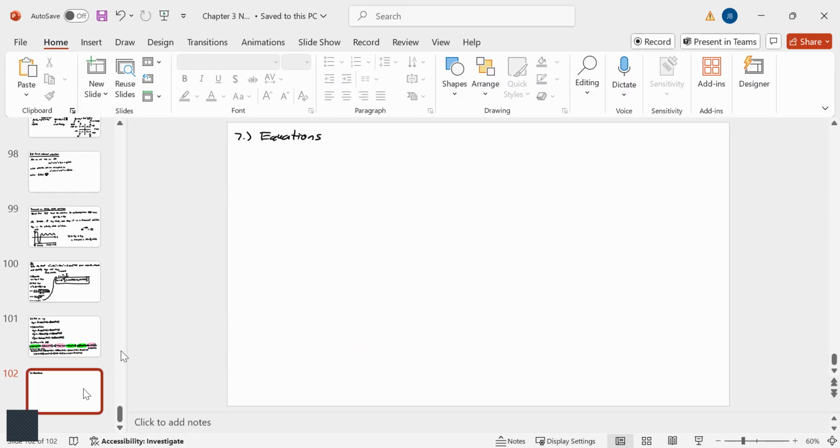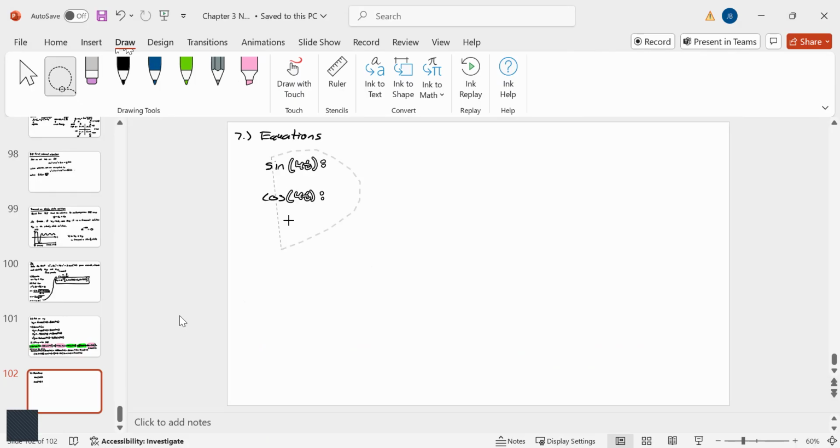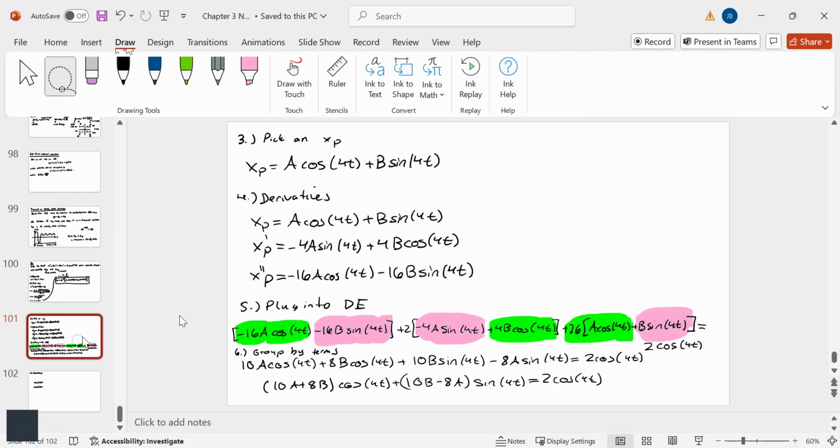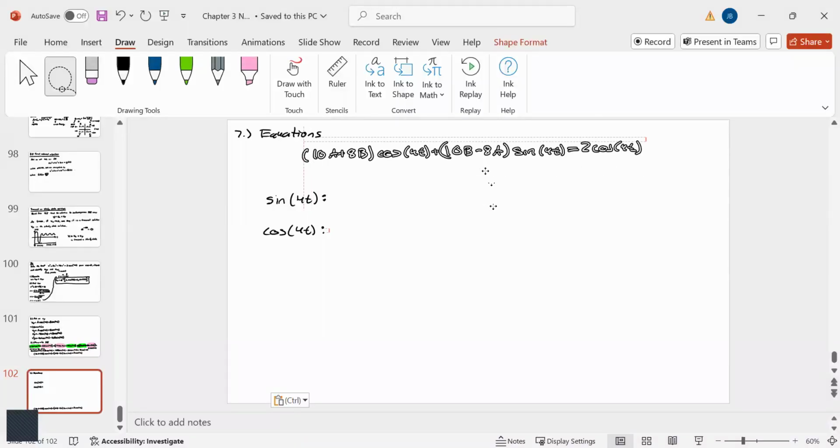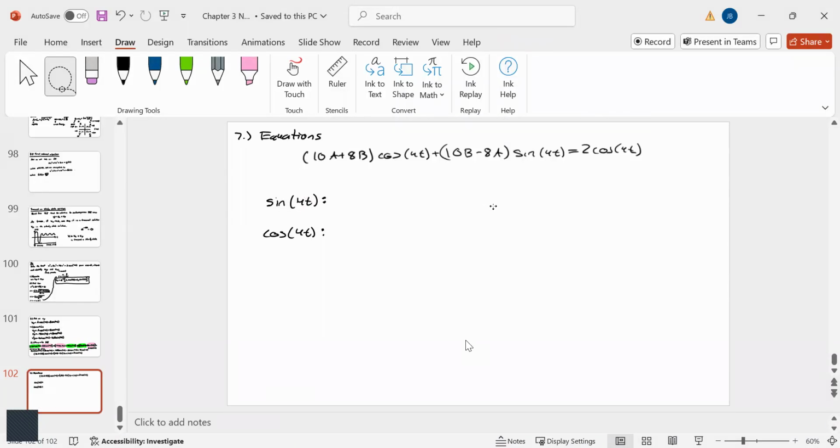So now we're going to set up our equations. So we're going to have one for sine of 4t, and then cosine of 4t. Let's actually copy this equation so we can see it and move it over. So reminder, left side has to be equal to the right side.